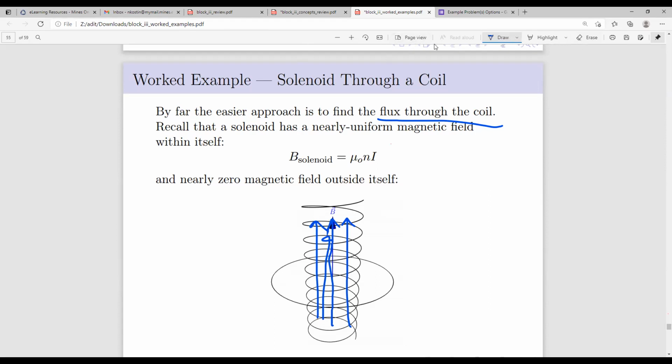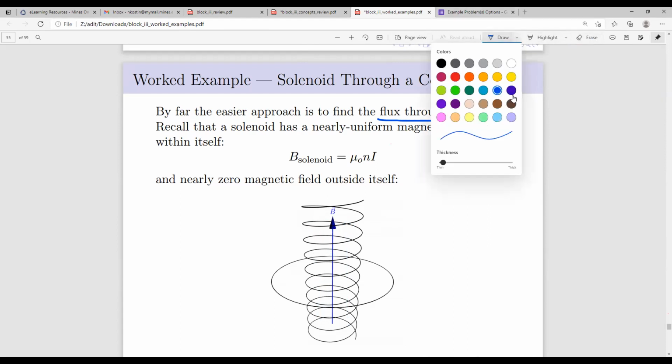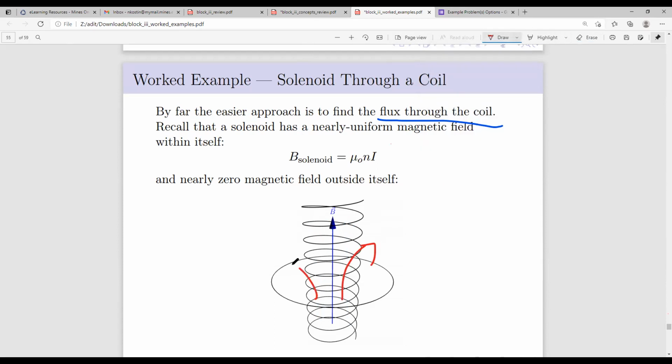But I could hypothetically, on the other hand, instead consider the B field produced by the coil. But again, the B field produced by the coil is all sorts of crazy. Maybe it's sort of uniform in the middle, but it's sort of extending out and we don't really know what it's doing along the edges here.